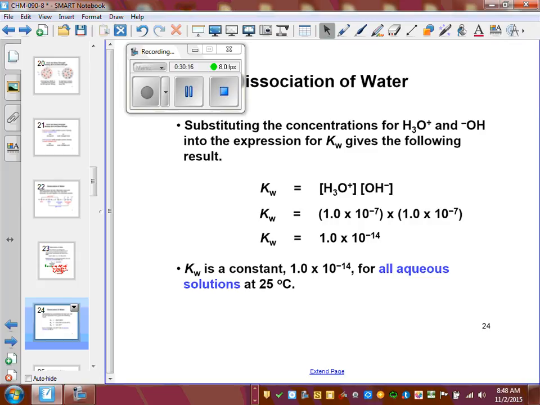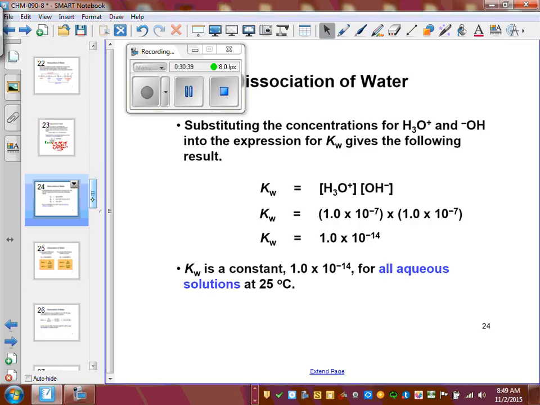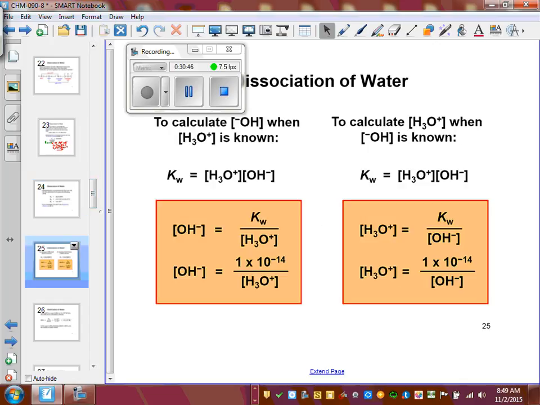So 1.0 times 10 to the minus 14. And know this equation: Kw is equal to the H3O plus times the OH minus. So if I give you either the OH minus or the H3O plus, you can figure out what the other one is.